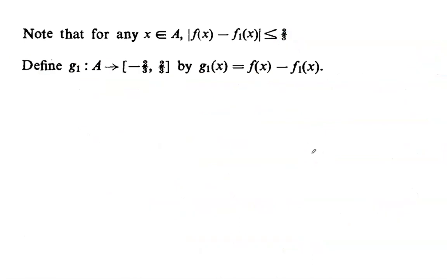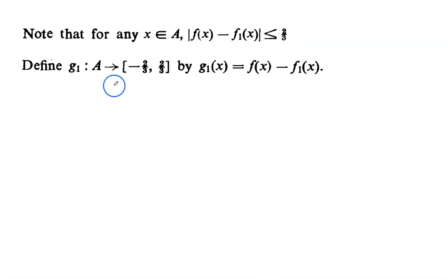Now, we define another function g1 on A by g1(x) equal to f(x) minus f1(x). Then, the range of this new function will be obviously the closed interval [-2/3, +2/3] using this property.